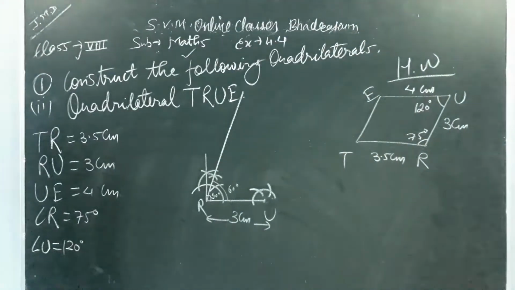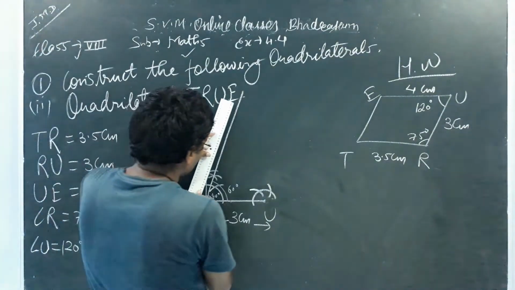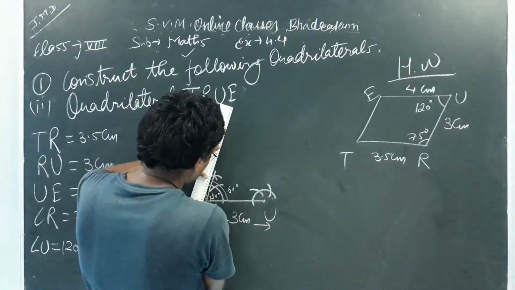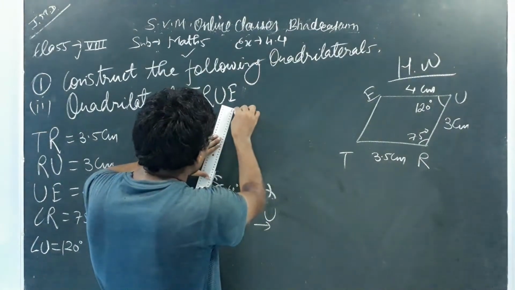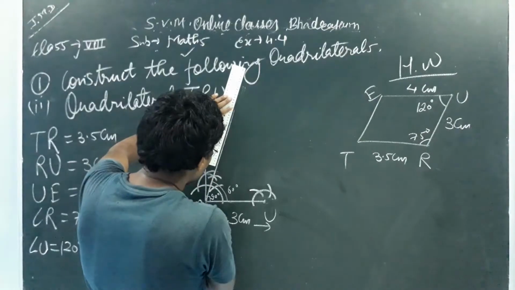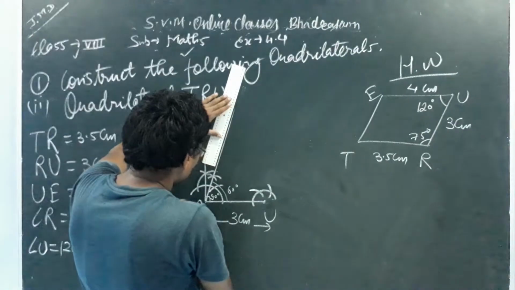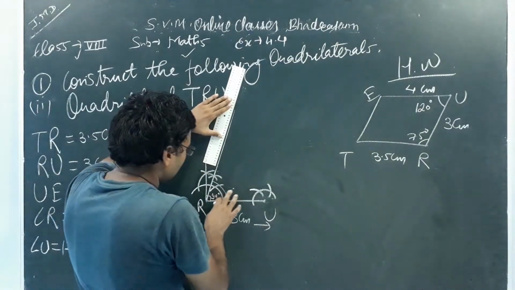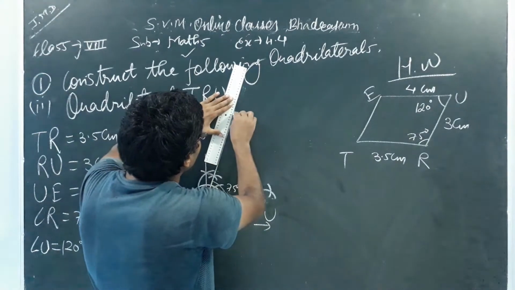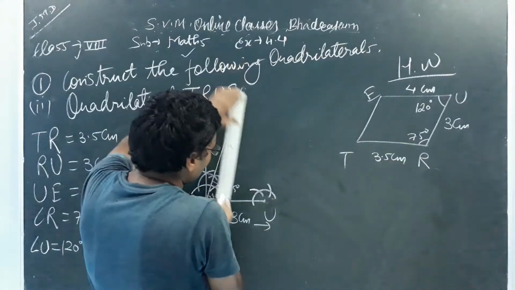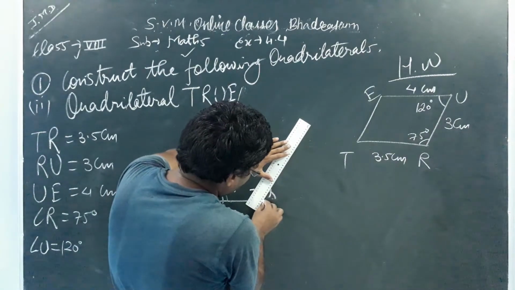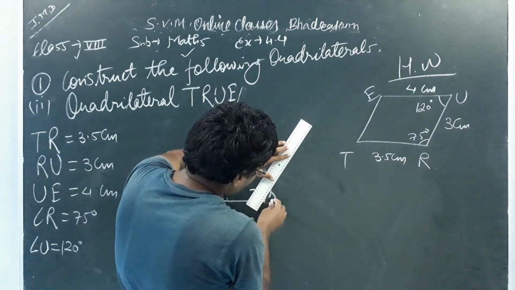I am taking a scale for making a clearly visible, nice figure. At R this is 75 degree. Now this is our other angle, which is of 120 degree.